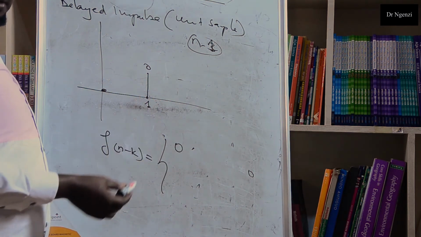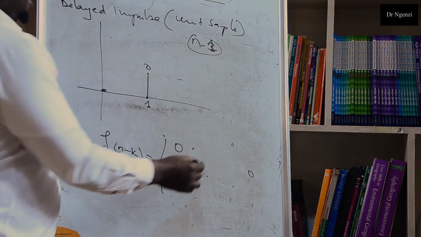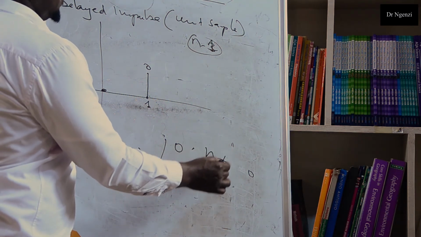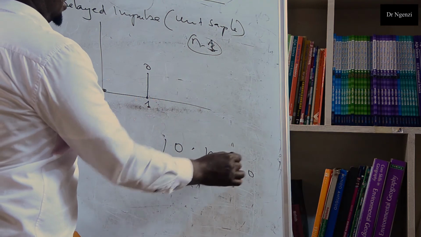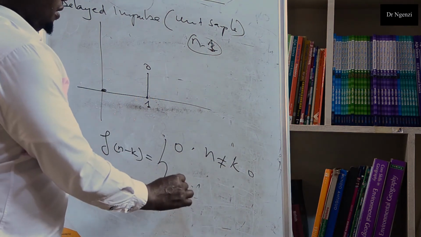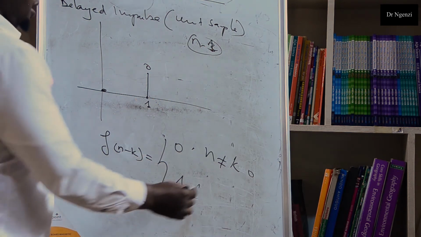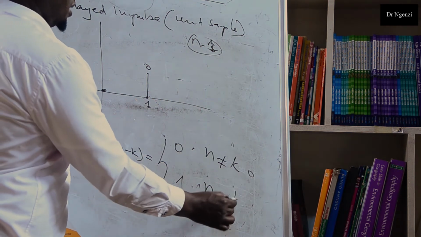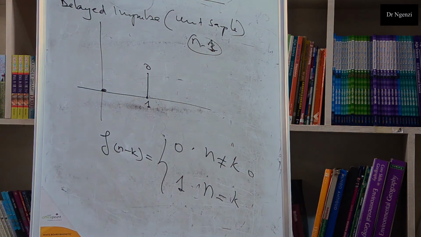The function may be 0 when n is different from the shifted number, and it can be 1 when n is equal to the shifted number. So this is very common for this delay function.